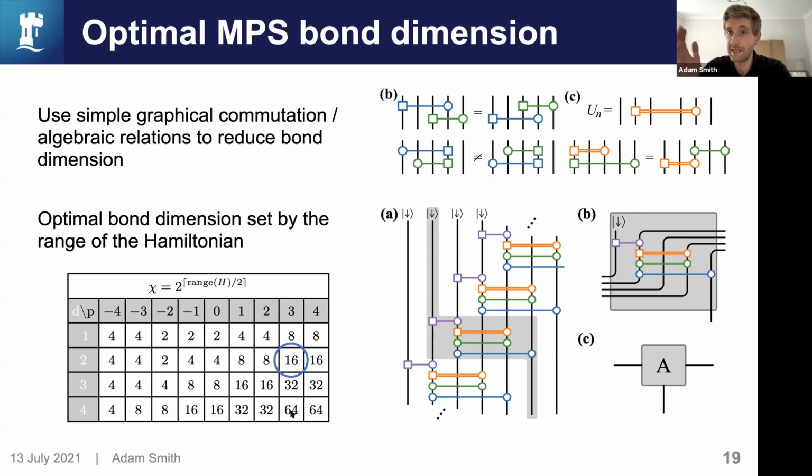We end up with this table of bond dimensions, which we've checked against DMRG. Basically, we've tried the best we can with DMRG, and we can't beat this formula that we found. We also have some other results for specific points where we know this is the optimal bond dimension. In all other cases, we just have numerical evidence that this is the optimal bond dimension.